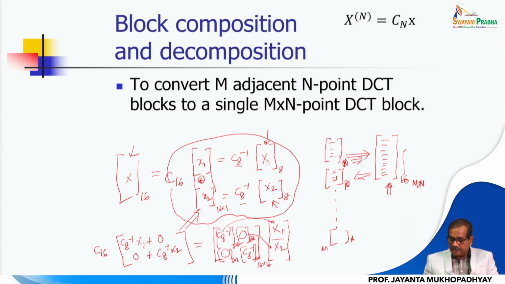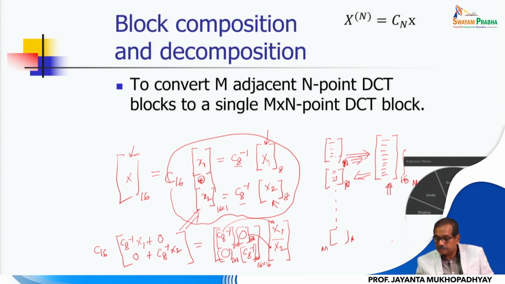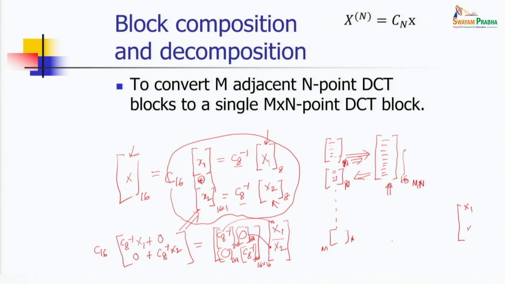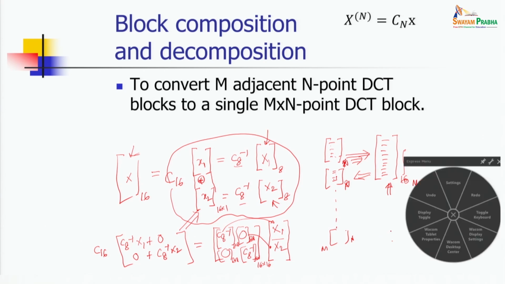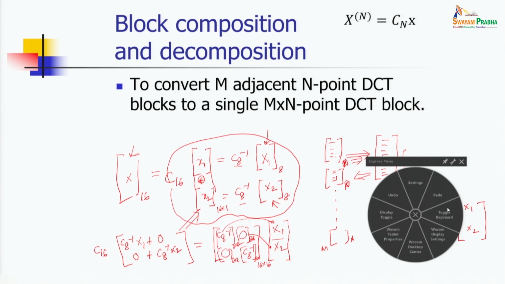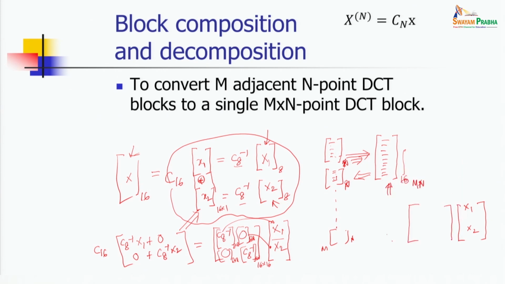The whole thing I can write once again in this way. Say this is your vector X1, X2, and then the matrix C8 inverse, 0, 0, C8 inverse.